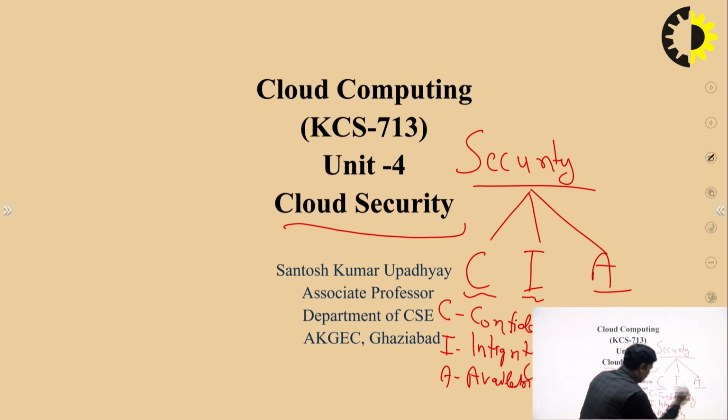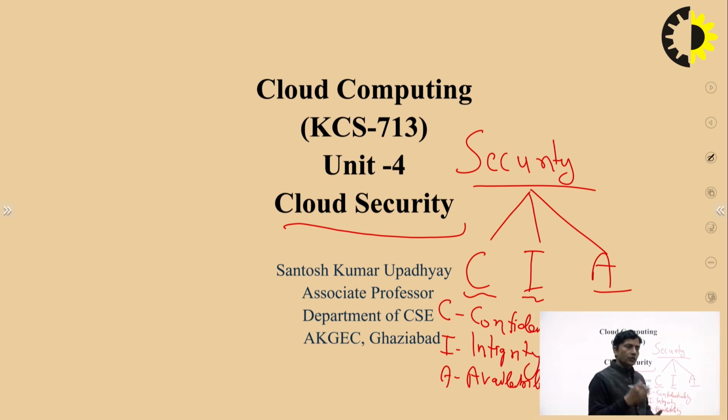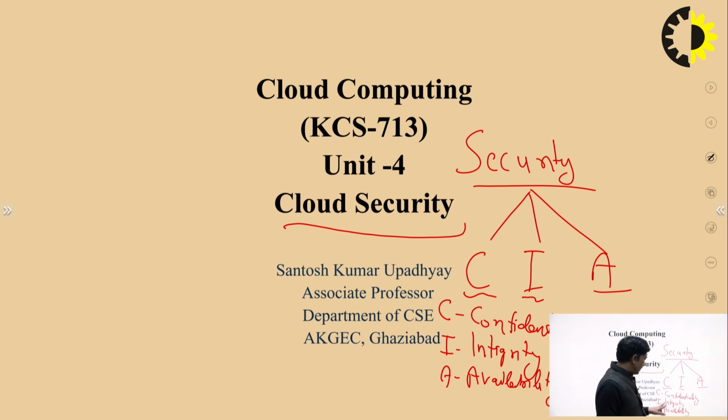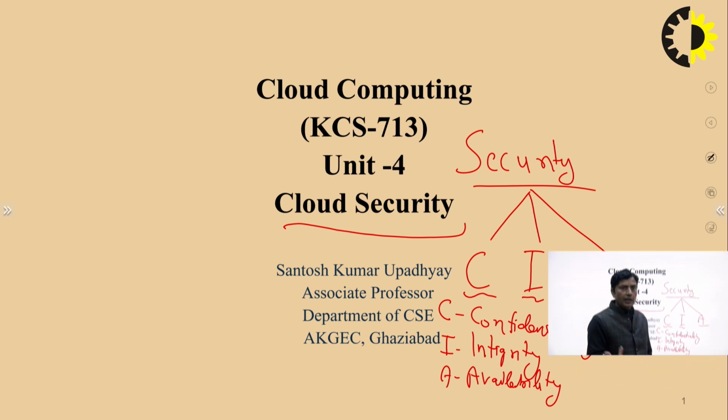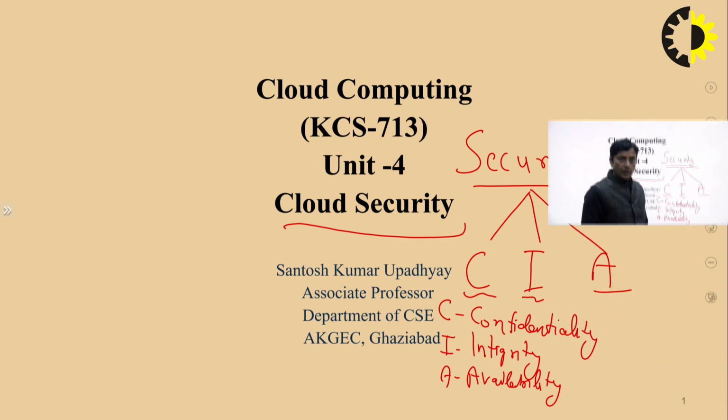When we talk about cloud security, or in fact computer security, we address these three things. We ensure the confidentiality of the data and application, we ensure the integrity of the data, and we ensure the availability of the resources, that may be data, a file, or any computing resource like a server.